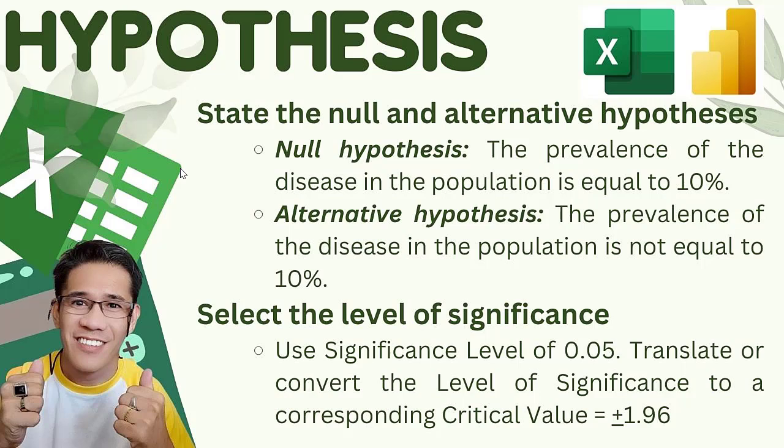So, if you convert the significance level into a critical value, okay, critical value means z-score or z-table, that would be 1.96. Because the area under the normal curve is at 0.4750. Okay, so refer to the description of this video para malaman ninyo kung paano nakuha ang 1.96.